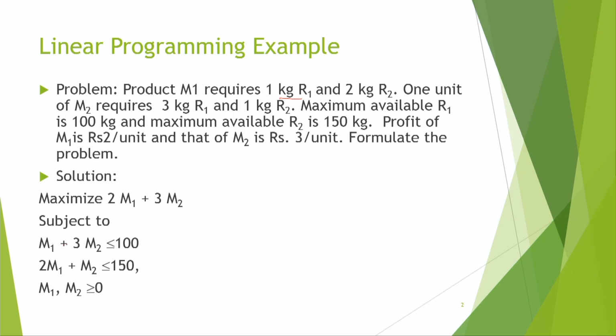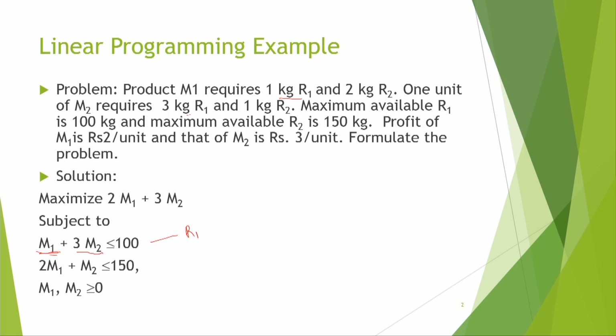So, if I make M1 units, I need M1 kg of resource, and similarly I need 3 M2 kg of resource R1, because each unit of M2 requires 3 kg of R1. So, the total R1 needed is M1 plus 3 M2, and this should be smaller or equal to 100 because we have only 100 kg of resource.